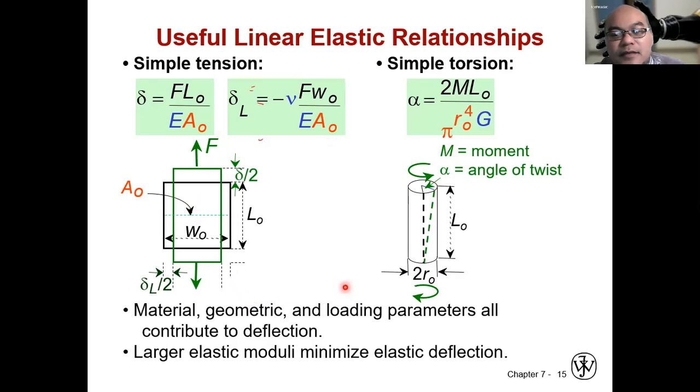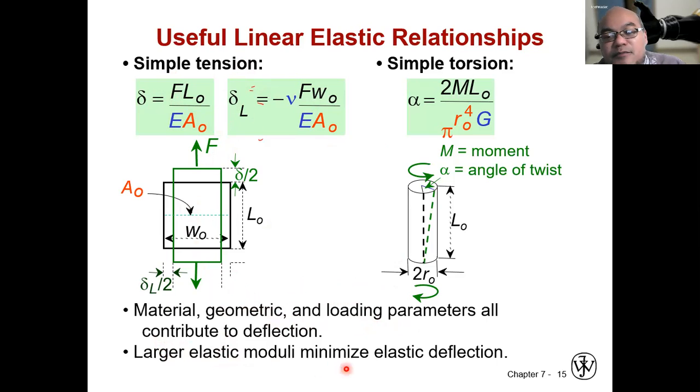So material, geometric, and loading parameters all contribute to deflection. If we look here, the variables that contribute to the value of delta are the force, the geometric condition of that material, the length and the cross-sectional area, as well as the material property E. So the force is the loading, and E is the material property.